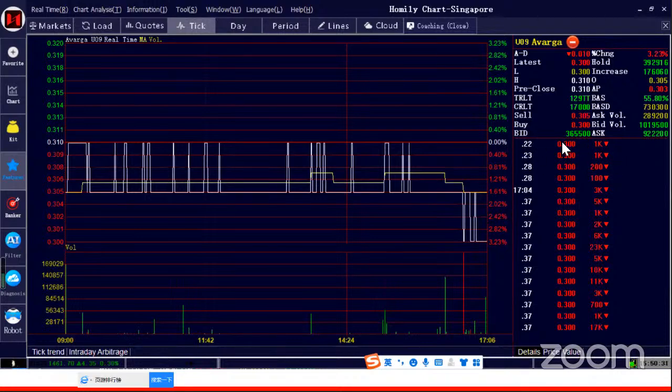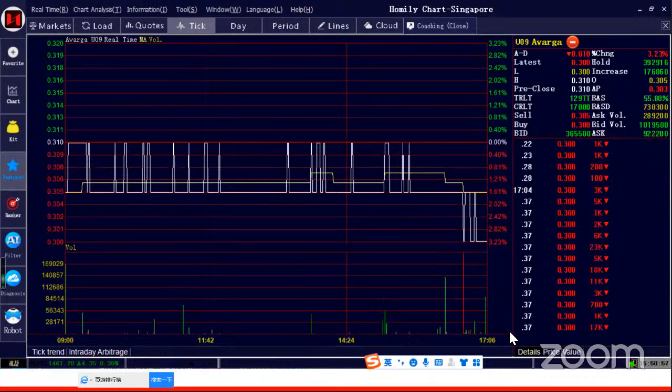So on the PC kit, the time and sales information here is much more important, because those are waiting to be transacted, so the bankers or those speculators can suddenly withdraw the orders from the stock exchange.